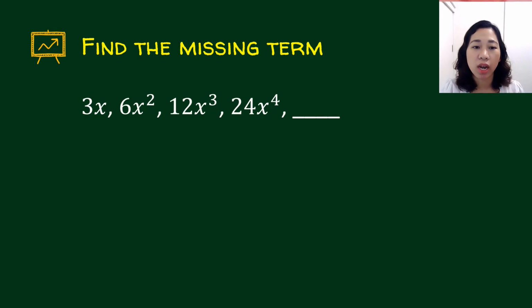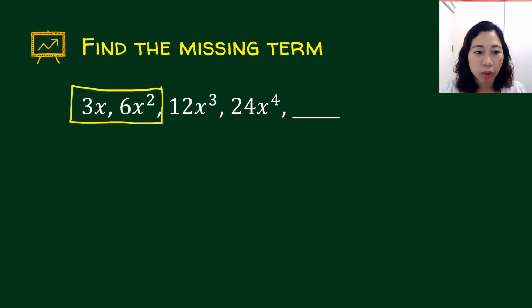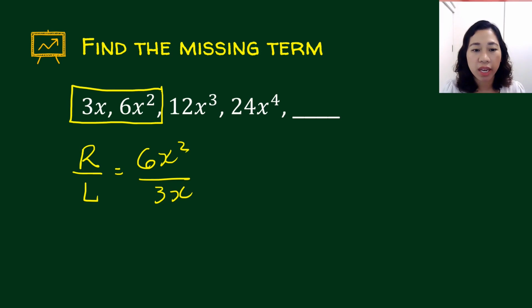Next, for this one, again, the direction here is that this is already a geometric sequence. Look at the common ratio. What do you think that is? Let's compute. Right over left. So that's 6x^2 over 3x. 6 over 3 becomes 2. And then x^2 over x is equal to x.